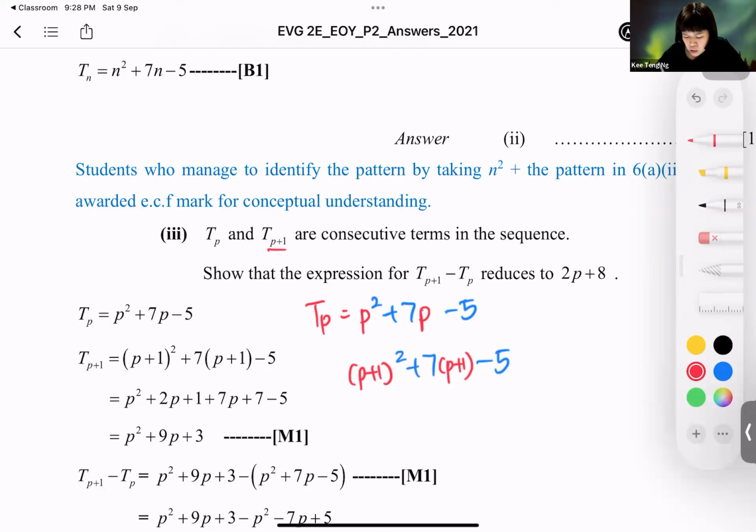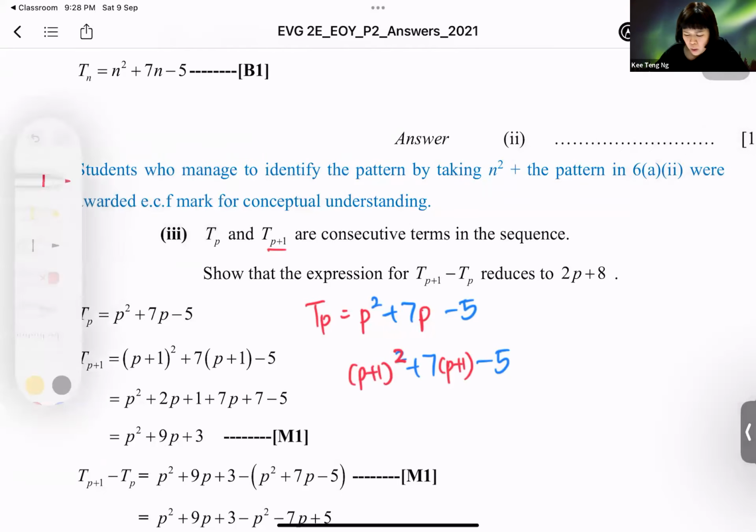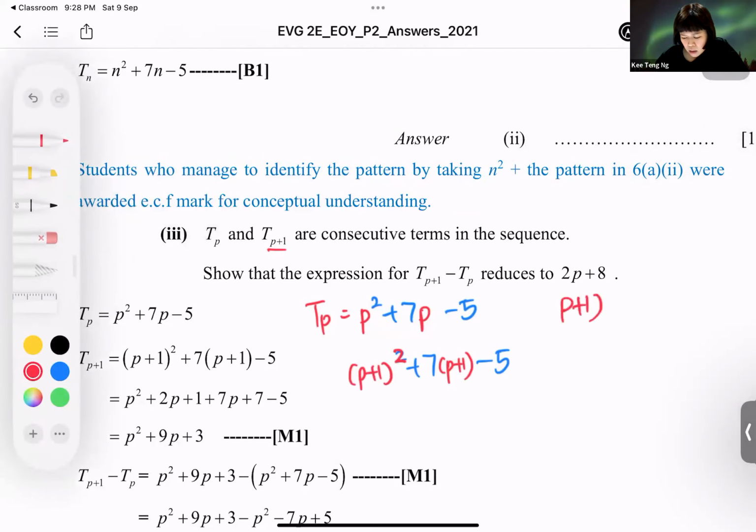A word of caution: p plus 1 squared is p squared plus 1 squared plus 2ab, 2 times p times 1, so there is a 2p over here. Please do not give me p squared plus 1 squared.